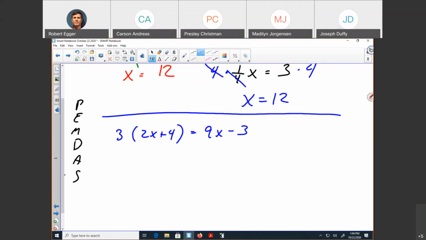So I have parentheses, so we need to take care of that. So let's do that. 3 times 2x, 6x, plus 3 times 4, 12.